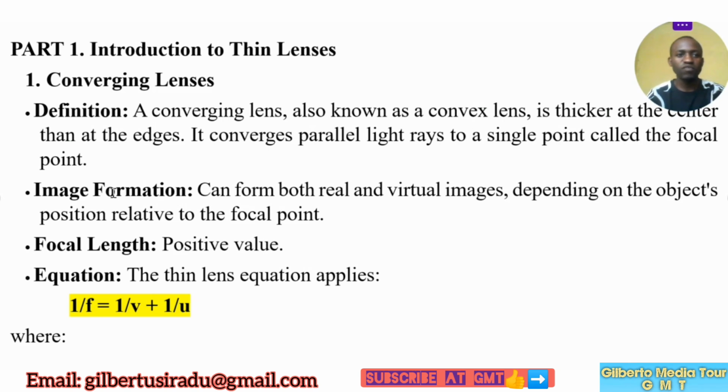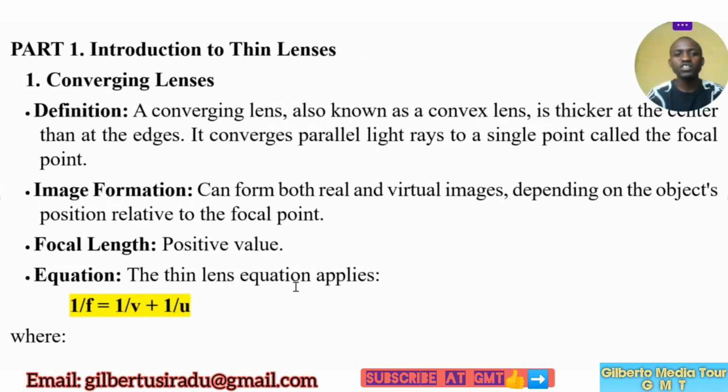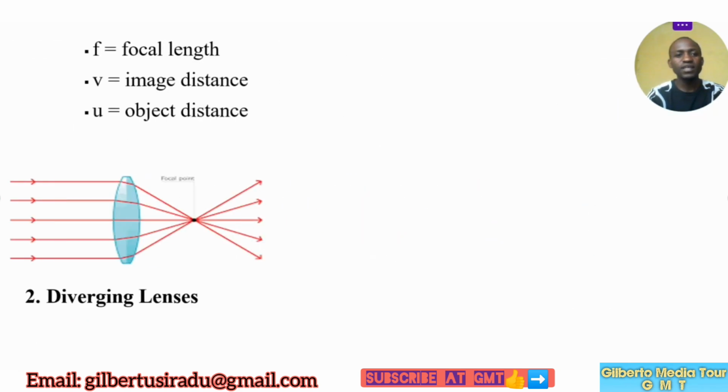By definition, converging lenses are also known as convex lenses, which are thicker at the centers than at the edges. These are converging or convex lenses. They converge parallel rays to a single point called the focal point.